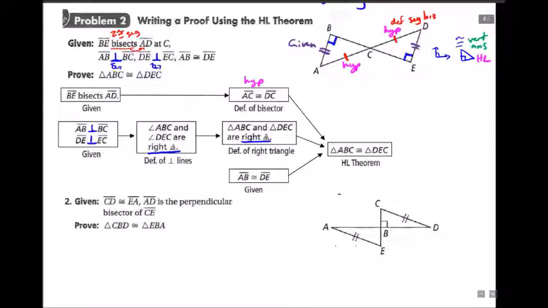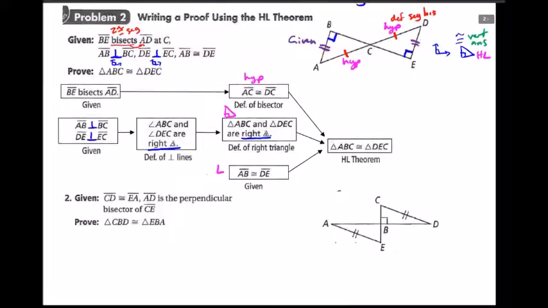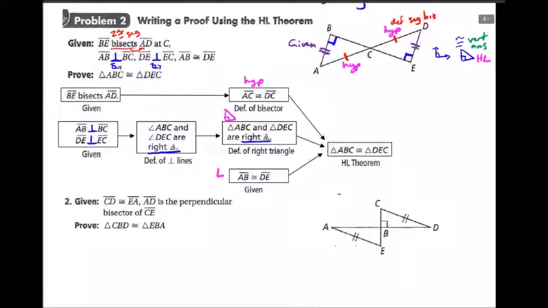And then that is going to give us our right triangles. And then we are given this side here. This is our leg. So we have right triangles and a hypotenuse and a leg, and we can use the HL theorem. So there's a couple of ways we could do this. You know how it goes. Thank you, geometry. Multiple ways to do the same problem. All right, go ahead and pause the video and try the last proof.